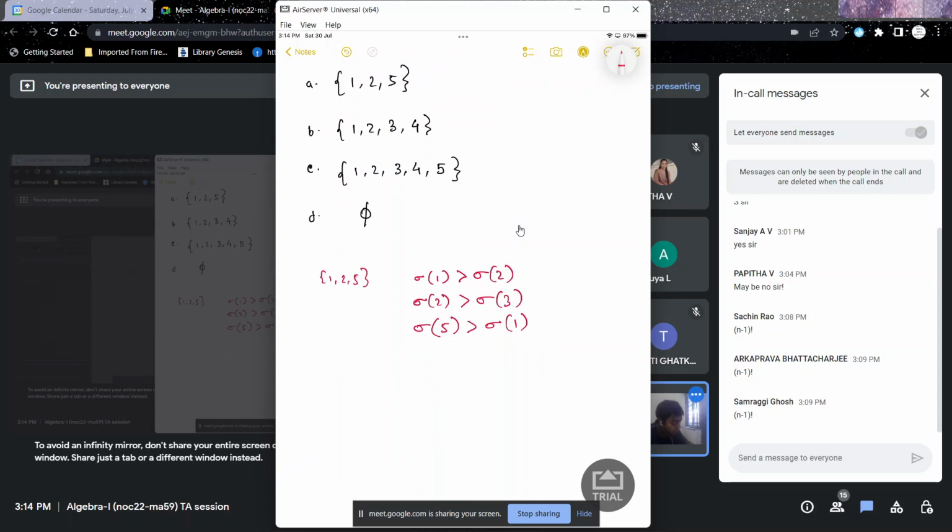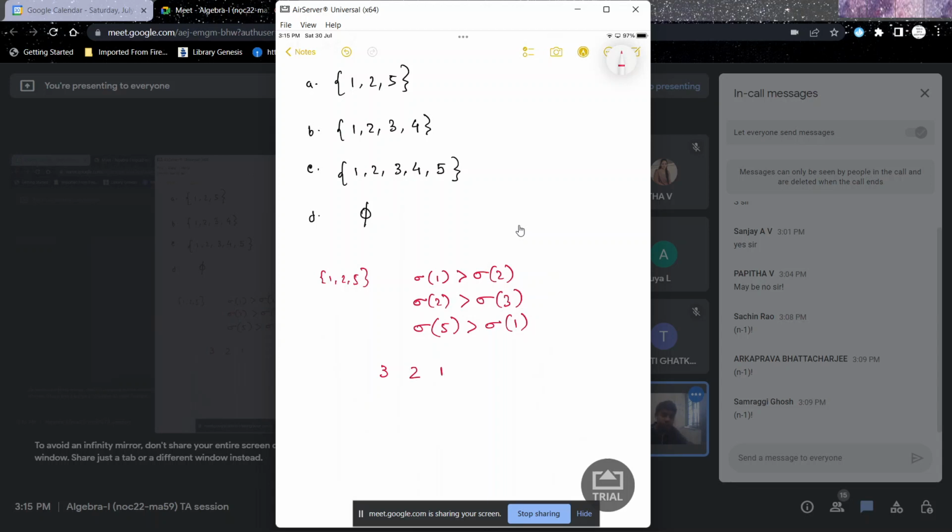So indeed, maybe you can take this particular permutation. You want sigma of 1 strictly greater than sigma of 2. So let's take sigma of 1 to be 3, that is, I am mapping 1 to 3. Then sigma of 2 should be greater than sigma of 3, so let's take sigma of 2 to be 2. So sigma of 2 has to be strictly greater than sigma of 3, which means that sigma of 3 has to be 1, right?